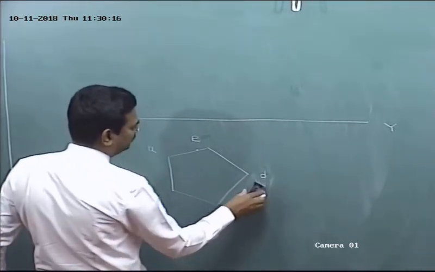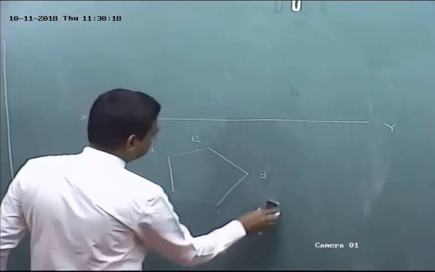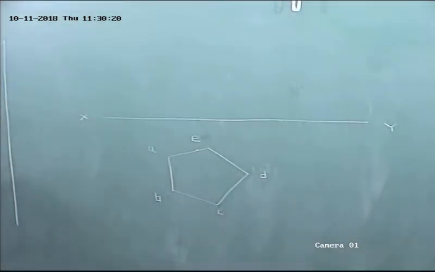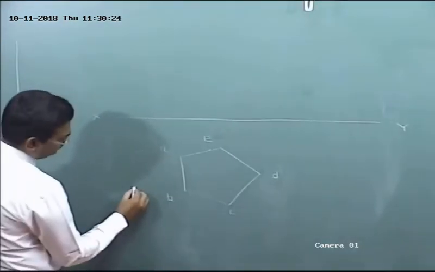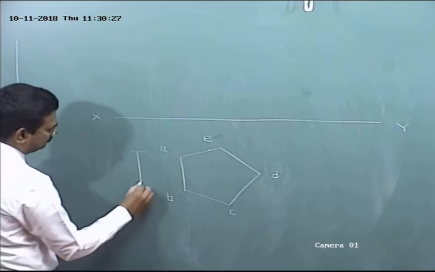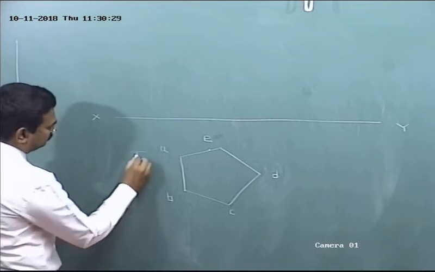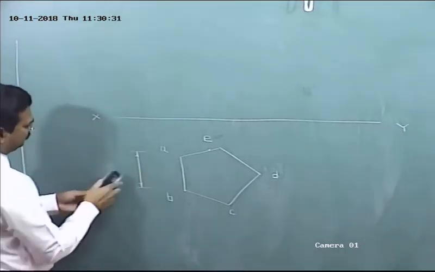After obtaining the point D, erase the unwanted arcs. Then apply dimensioning. The length of the side is 30 mm.